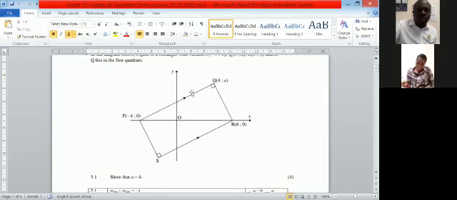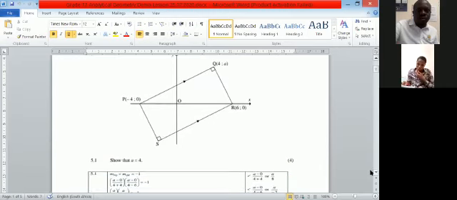So A minus 0 over 4 minus minus 4. Remember, the X is 4 minus minus 4, to give A minus 0 over 4 plus 4, because a minus followed by a minus is a plus.